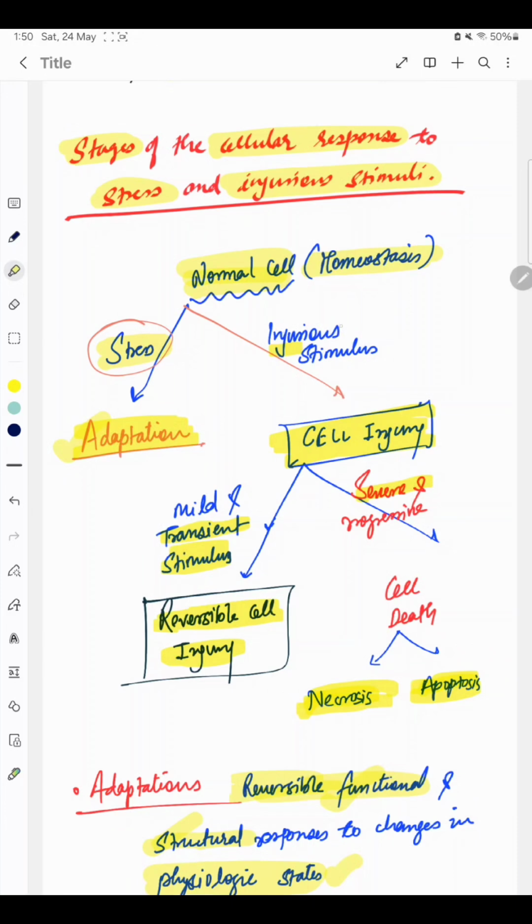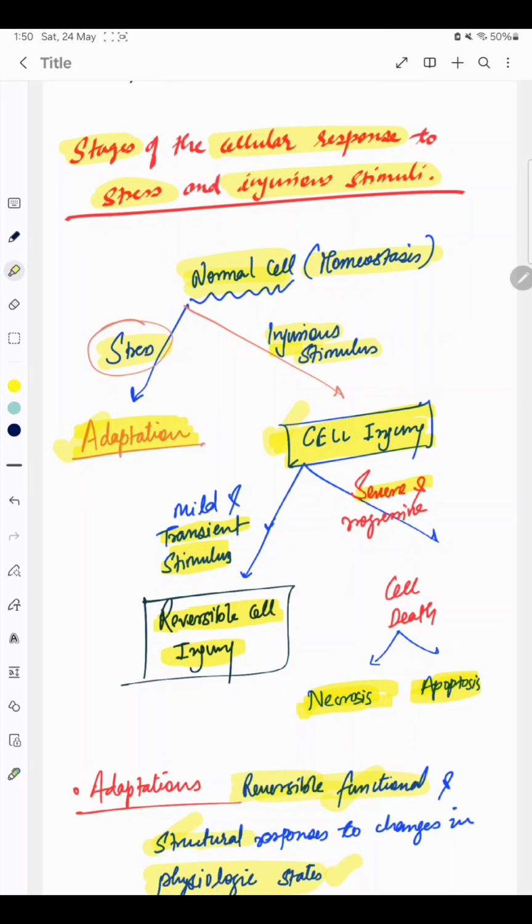When a normal cell is exposed to injurious stimuli, cell injury takes place. On the basis of intensity and duration of that injurious stimulus, cell injury can be of reversible type or irreversible type.